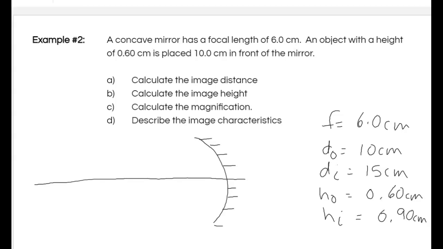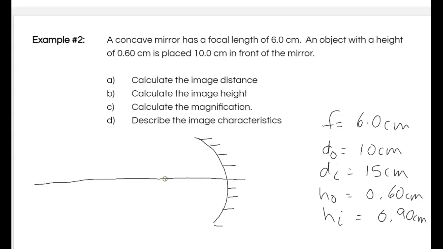And so it'll help us to visualize the image characteristics if we outline some of these details on a light ray diagram. So I'm going to do exactly that. My focus, I'm not measuring, this is not to scale, it's just simply to help me understand where things are with reference to other parts of this problem.